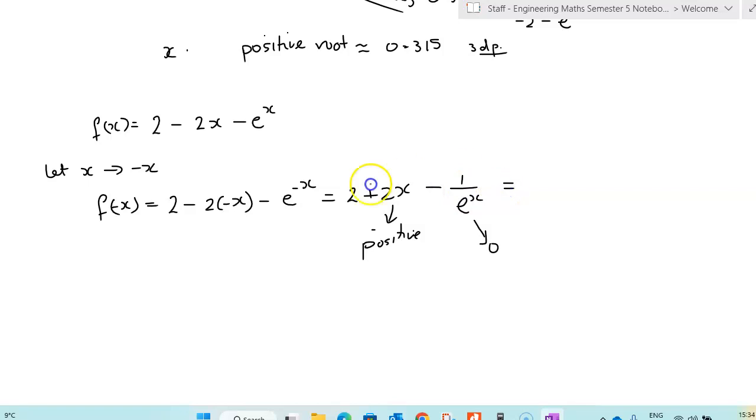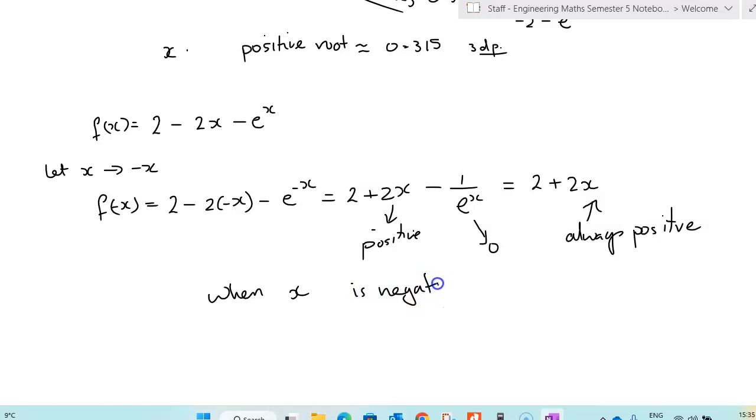So as x gets bigger negatively, we're tending towards 2 plus 2x, and as this is always positive, because we've sorted out the minuses there, then when x is negative, f of x is always positive and greater than 0.